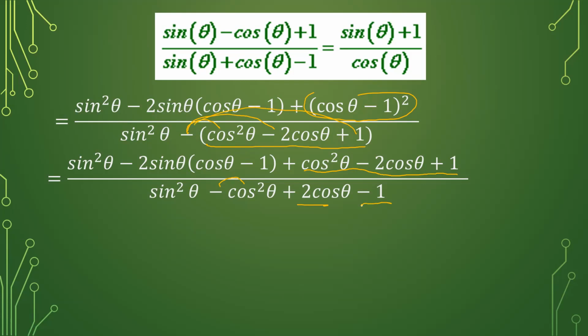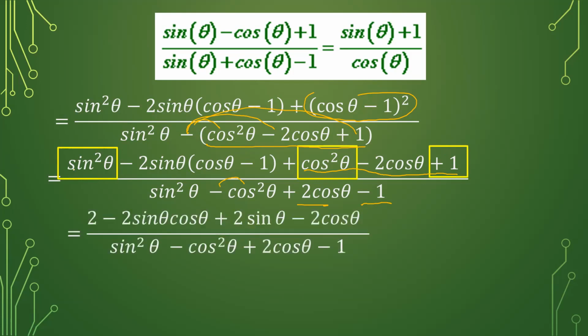Okay? And then what happens also, pwede nating i-classify ito, tsaka ito. Sine squared plus cosine squared is equal to 1. Tapos may another 1 ka pa doon. Diba? Sine squared plus cosine squared is 1. Plus 1, di 2 na. No? So, you have 2. Ito na. Yung nawala na ito, tsaka ito. Those were replaced by 2.